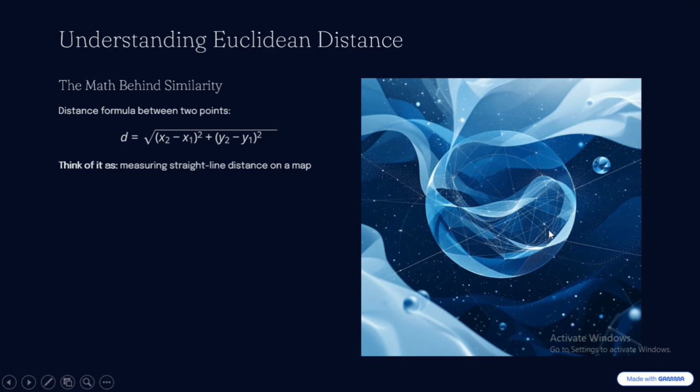The distance is calculated between points. The closest points influence the prediction the most. Even though there is a formula, you don't need to memorize it now. Just remember, smaller distance equals more similarity.